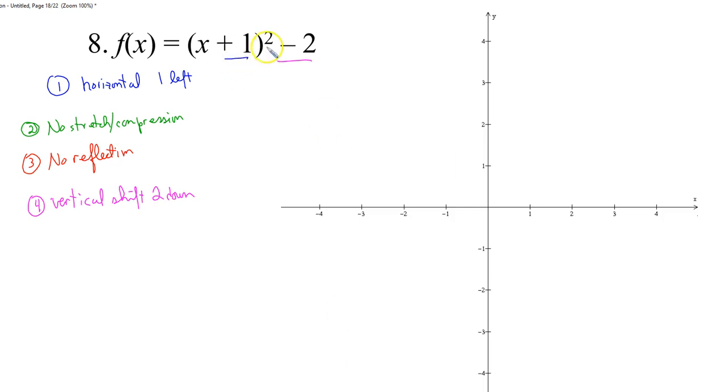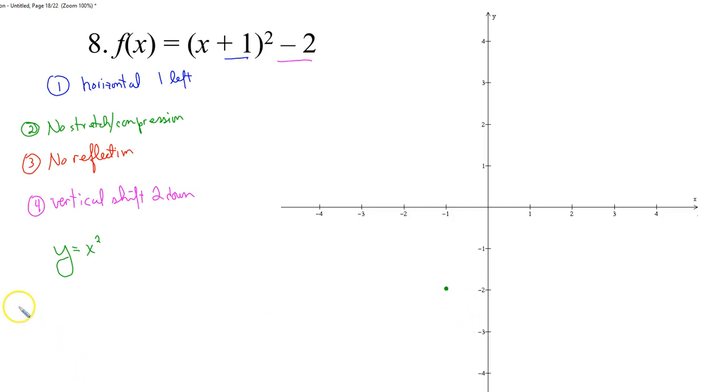We know that our basic function is y equals x squared, so it's my quadratic. My quadratic is going to be shifted 1 unit to the left, so at -1, and then down 2 units. So rather than turning at 0, 0, it's going to turn over here at -1, -2.